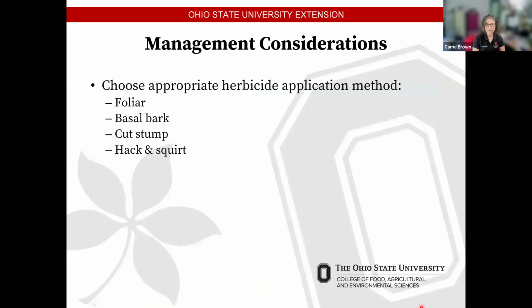When we think about managing invasive plants, really that's a whole other webinar in itself. So there are some things to consider. Choosing the appropriate herbicide application method is important. So whether that be foliar, basal bark, cut stump, or hack and squirt. So there are going to be different times of year that are appropriate for each of these.